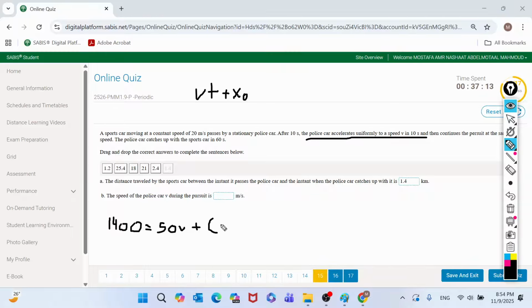Plus how long it took to reach v, so v plus 0 over 2 times 10. I think. Wait, let me put it on the calculator to check.